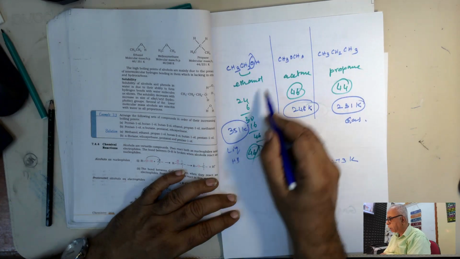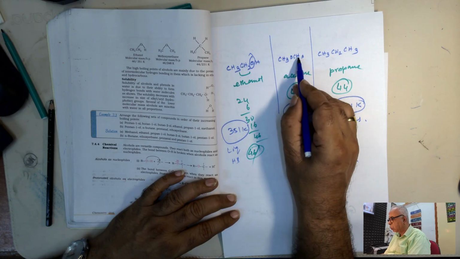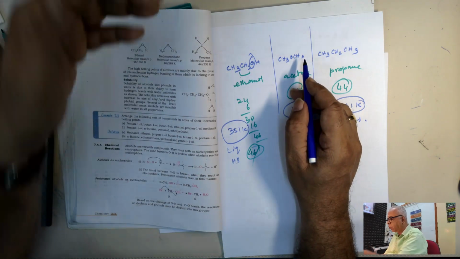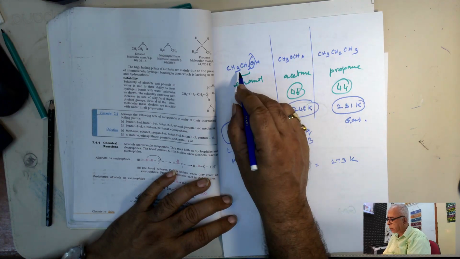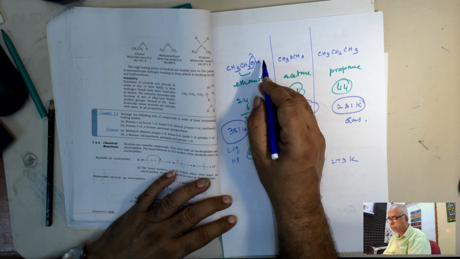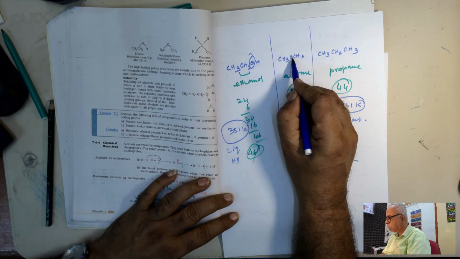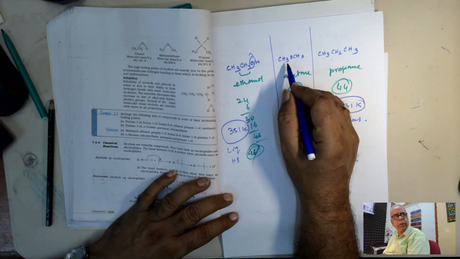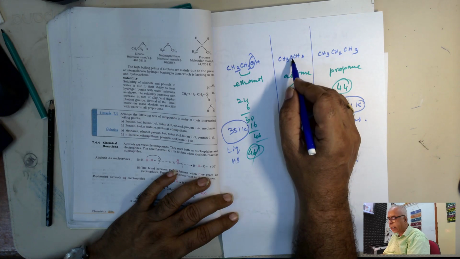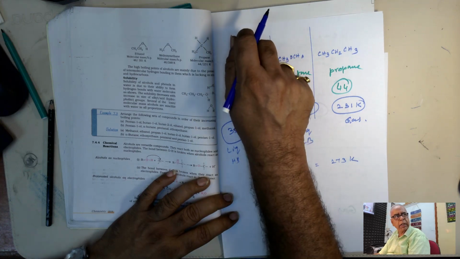You may argue, sir, here also you have O, but in the ketone there is no hydrogen left to be involved in hydrogen bonding. Whereas here you have O and H separately, so it can be involved in hydrogen bonding. In acetone the oxygen is flanked by two methyl groups, so it is not directly accessible, whereas in alcohol it is separately available as OH.